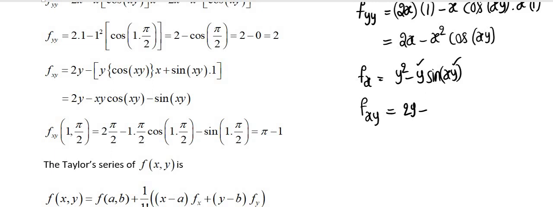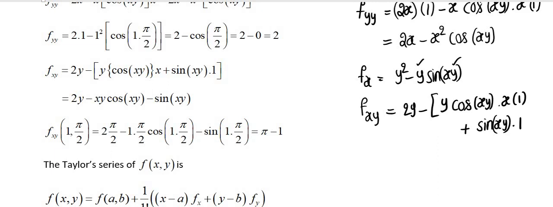That's why we are going to use product rule. First function into, that is y into differentiation of second one, sine differentiation is cos xy, angle differentiation is x constant for y 1, plus second function, that is sin of xy into y differentiation is 1.